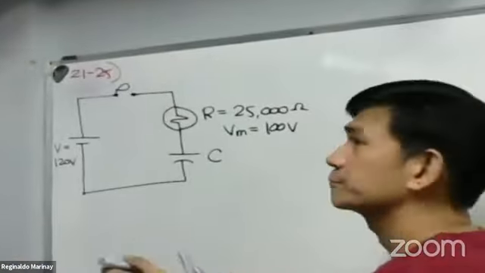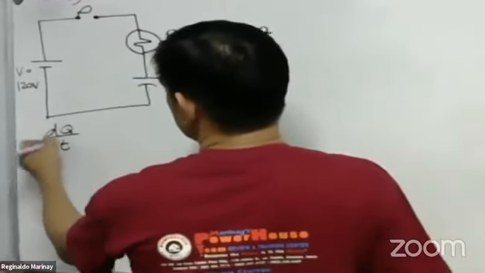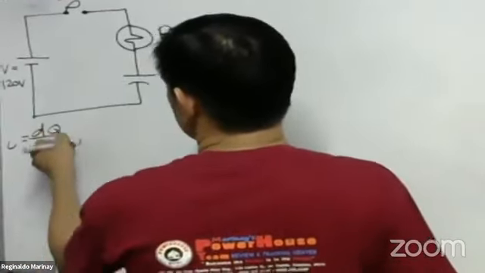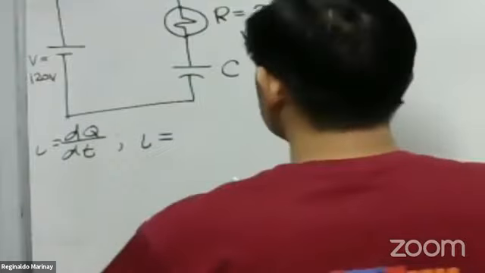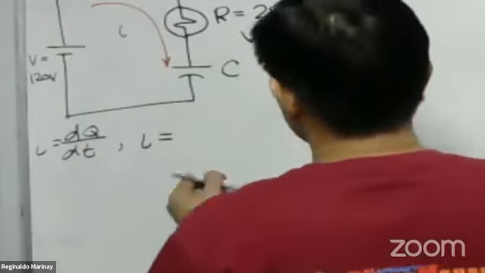Okay. The rate of flow of charge, dq over dt, that is simply the current. Okay. I is equal to what now? That is the rate of flow of charge. So, we have here, this is our current I. That is equal to V sub M over the resistance of the meter, let's say.